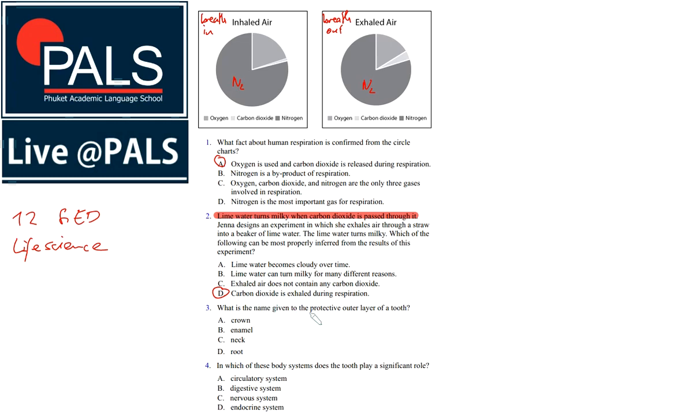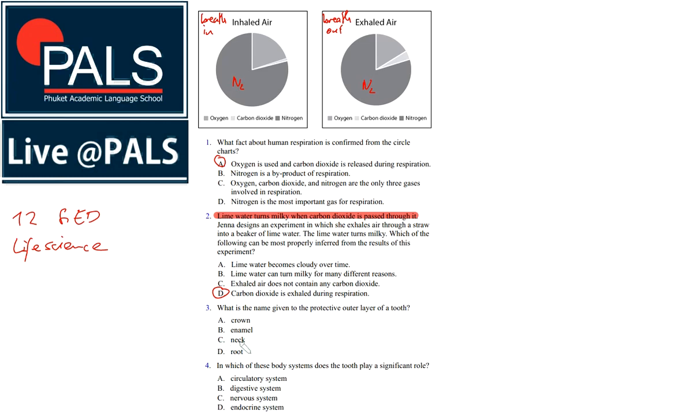What is the name given to the protective outer layer of a tooth? So this is a vocabulary question. Some facts you need to know in biology. There's not too much you need to memorize, but some basic things we need to know for GED Science. The different parts of the tooth are listed here.